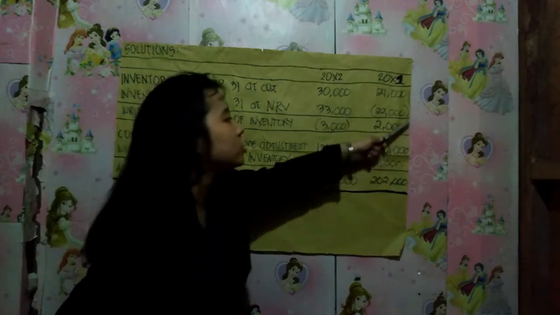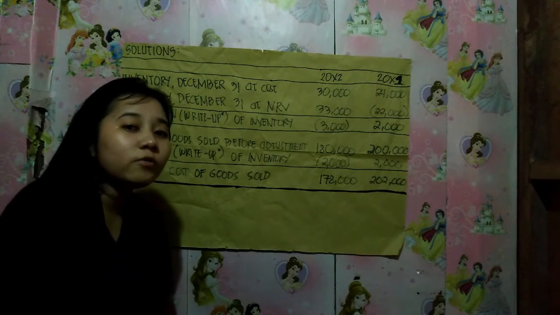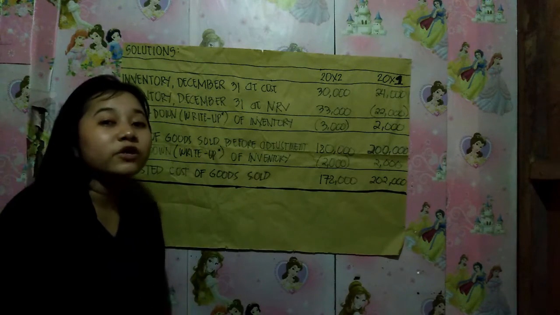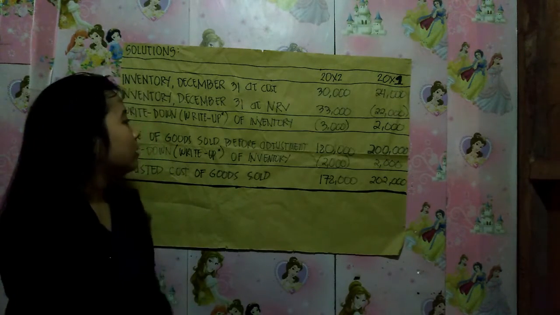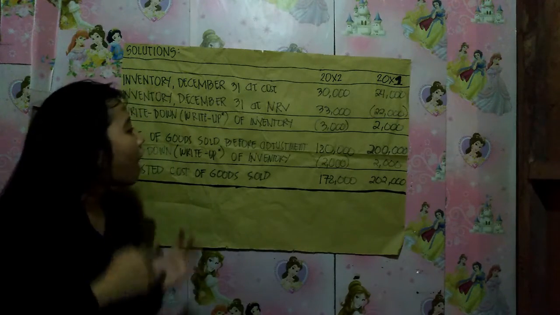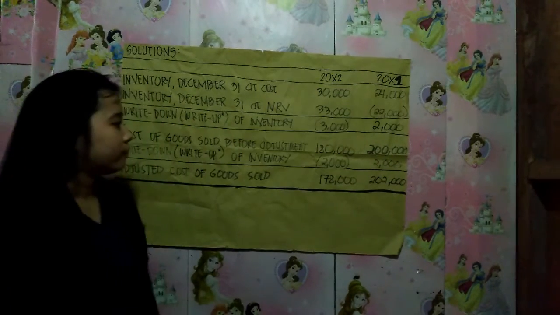To come up with the 2,000, deduct the inventory December 31 at NRV from the inventory December 31 at cost. So, that is the write down of inventory, 2,000.